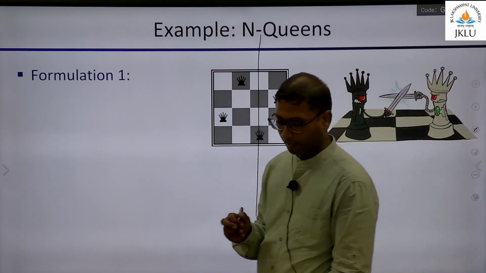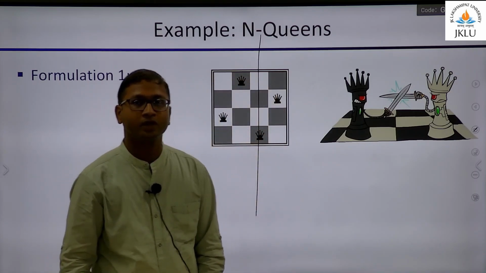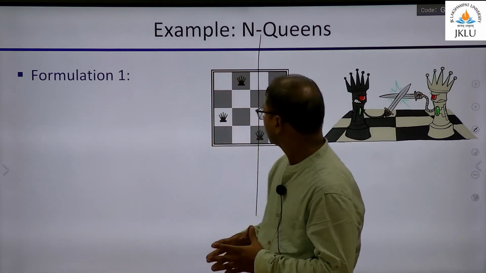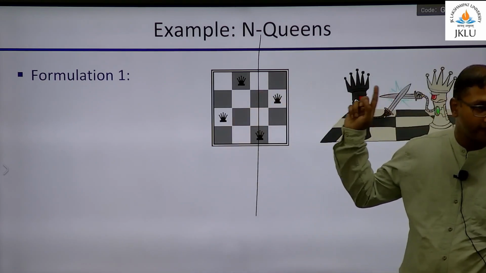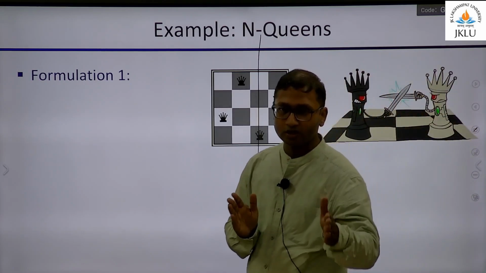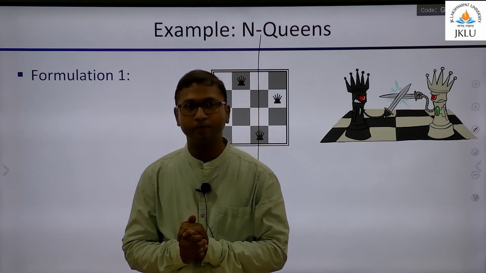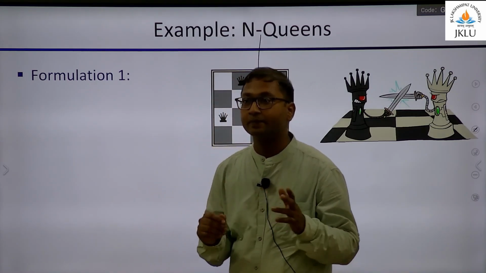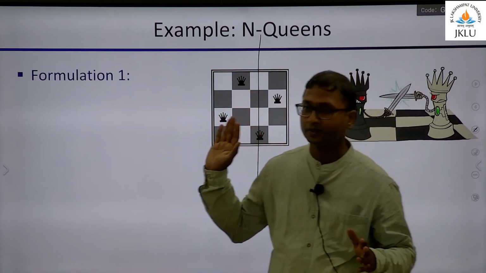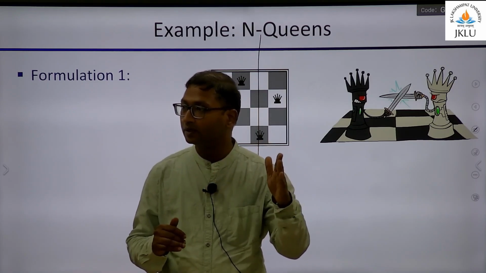What is it? Right. So you are given a square chess grid of size n cross n. How many queens you have to place in there? N. If you place n plus 1, can you solve this problem? Right? Because then you will have at least one pair which will be attacking each other.